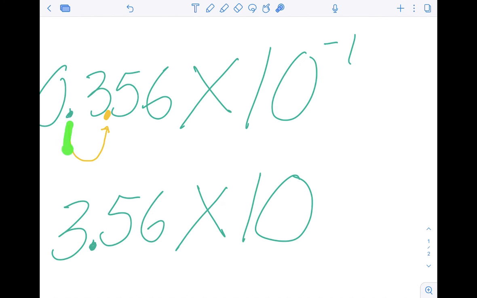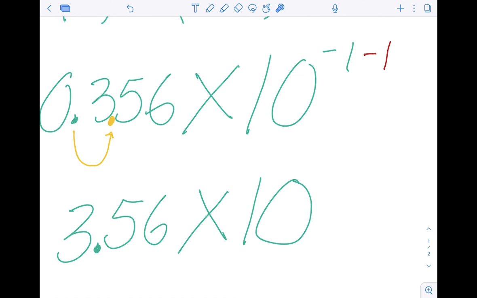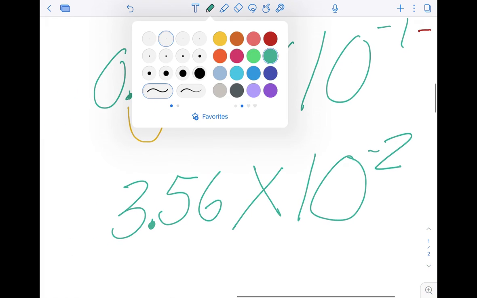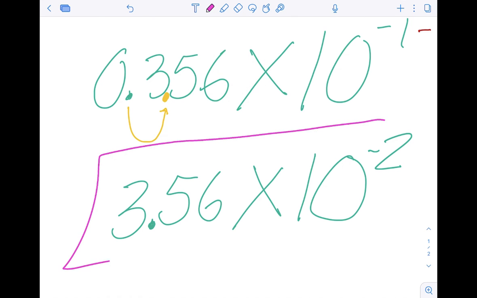So I'm going to do minus 1 here. And now I have a negative 1 and a negative 1. They're the same sign, so I'm going to add them. 1 plus 1 is 2. And they're both negative, so this is going to be negative as well. And that right there, kiddos, is my solution.